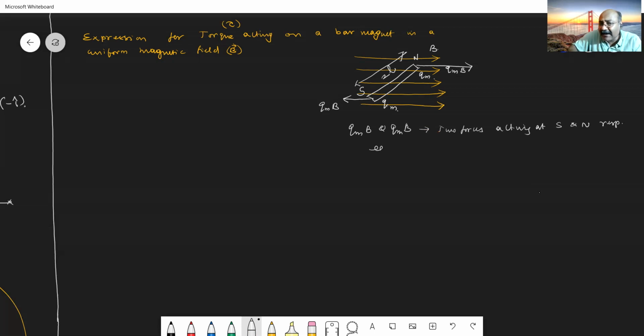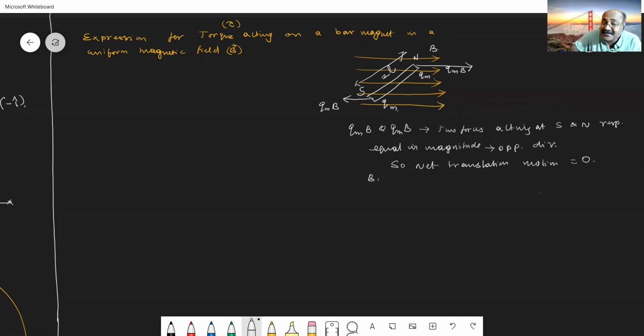Both are equal in magnitude, but they act in opposite directions. So the net translational motion is 0. That is, along the straight line, there is no movement. So the translatory motion is equal to 0.